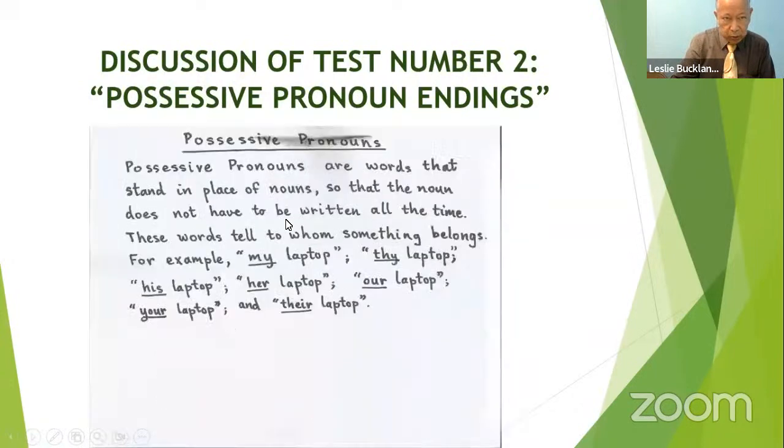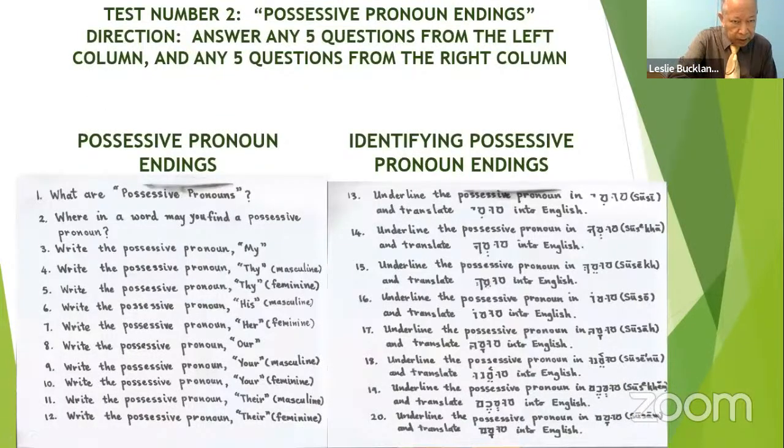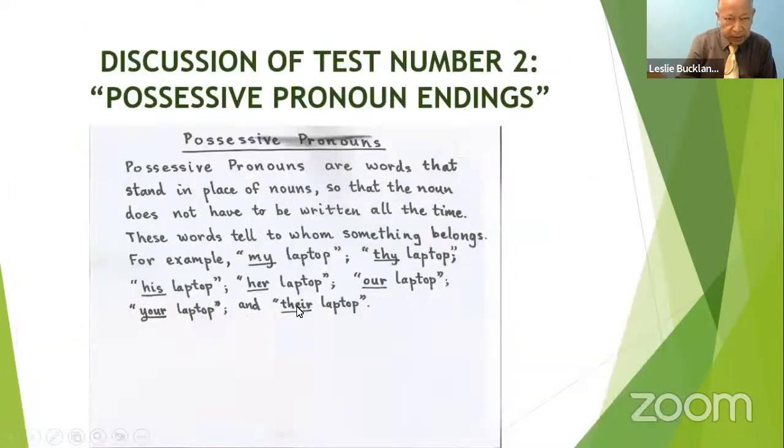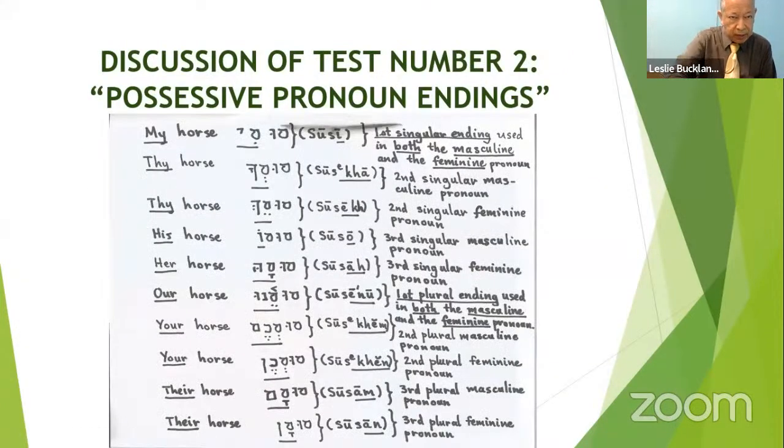Next question, number 6. Write the possessive pronoun his. Of course, that is masculine gender. And this is what it looks like. The masculine pronoun ending is holem.